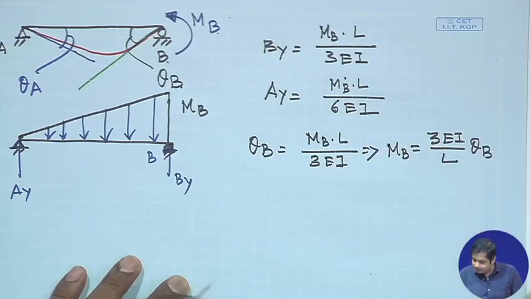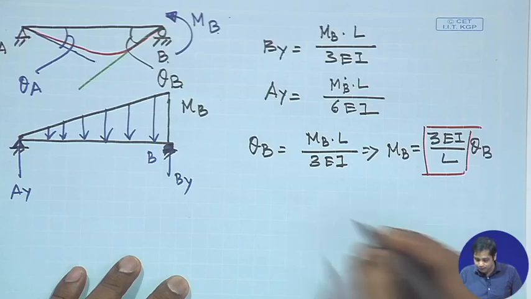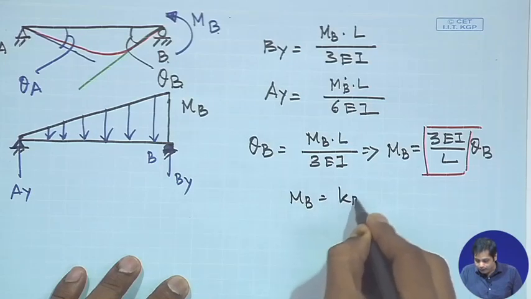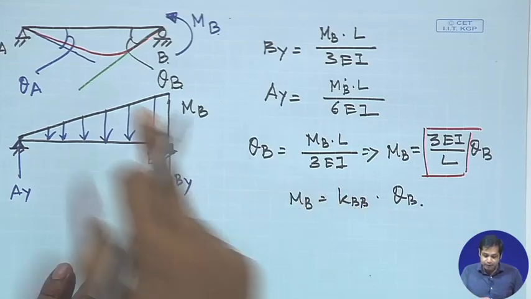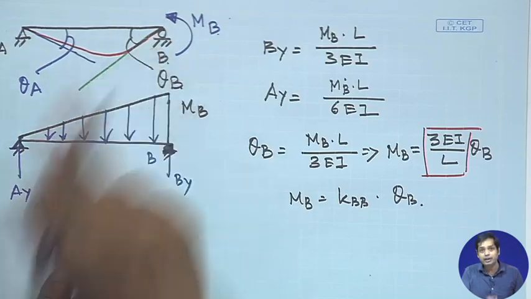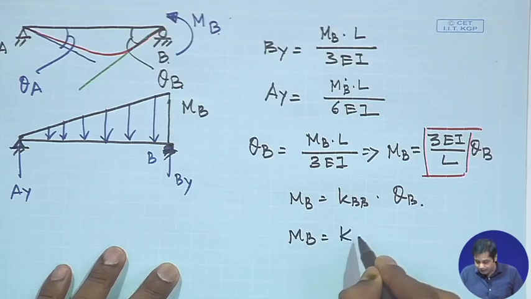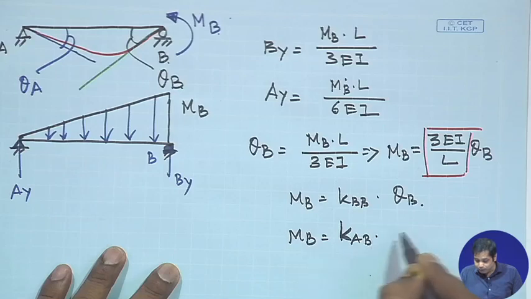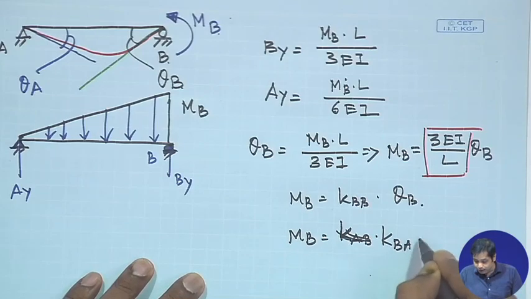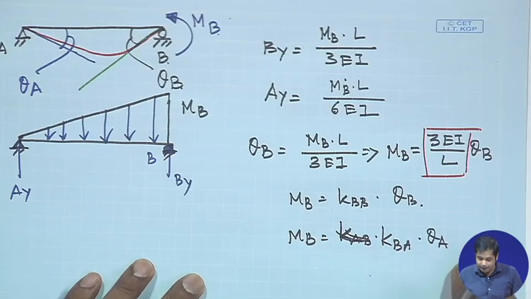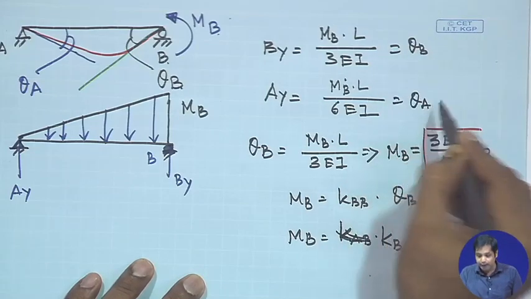Now, these are the flexibility coefficients. So, what we can write is MB is equal to KBB into theta B, where KBB is the moment at B due to the unit rotation at B. Similarly, MB can be obtained as KBA into theta A. This will be theta B, and this will be theta A. Right, that is the conjugate beam method.